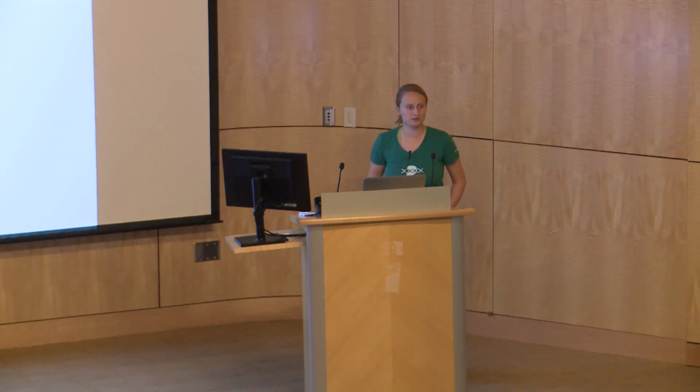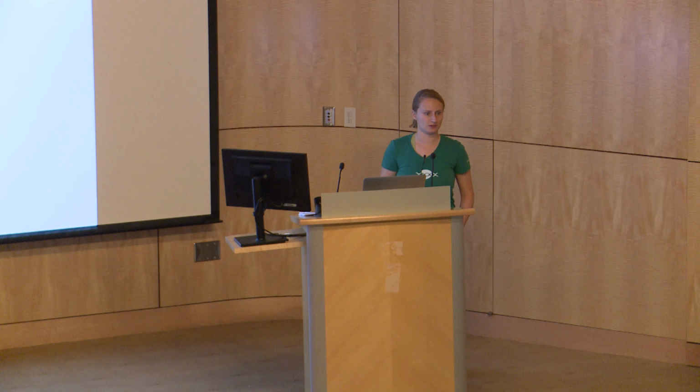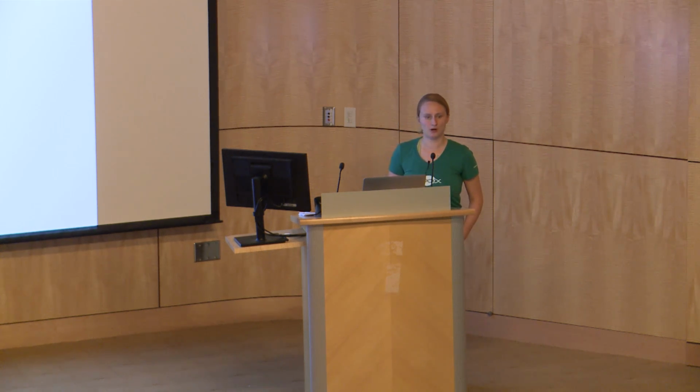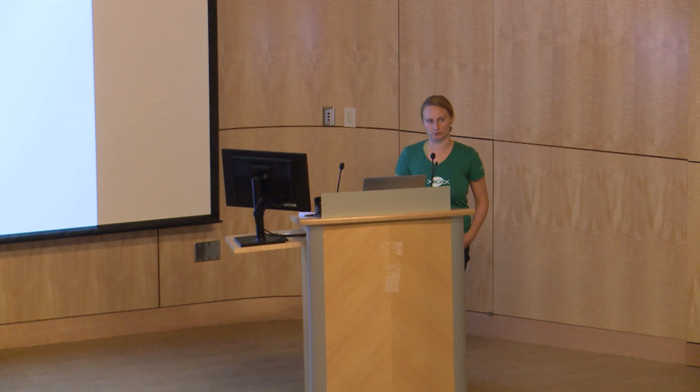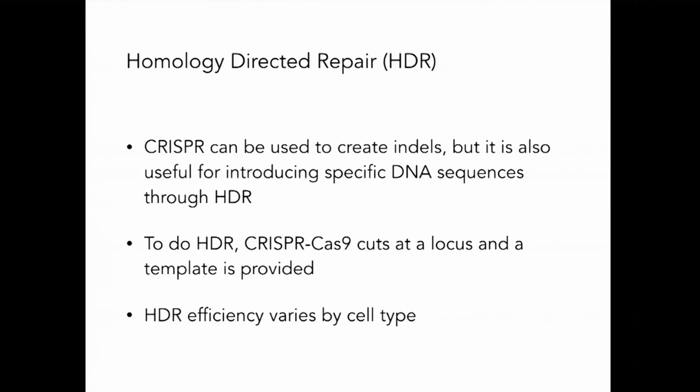Okay, so one big application for using CRISPR is to do homologous recombination or introduce specific mutations, or, for example, GFP fusions or knock-ins. CRISPR-Cas9, as we've described, is really good at cutting DNA at a very specific site. And by cutting DNA, that's a great way to initiate homologous recombination.